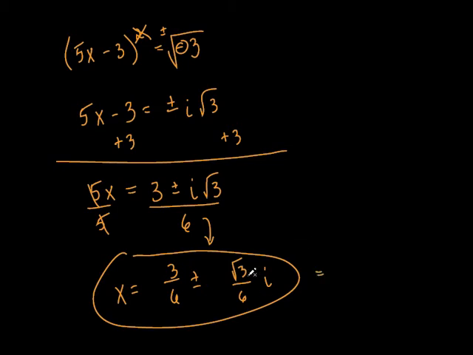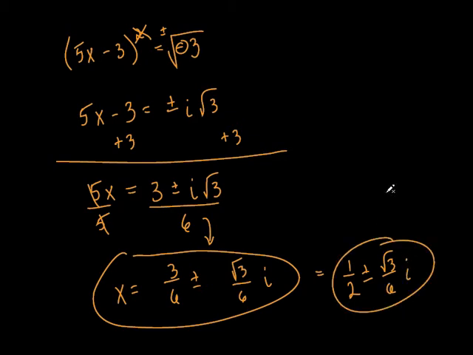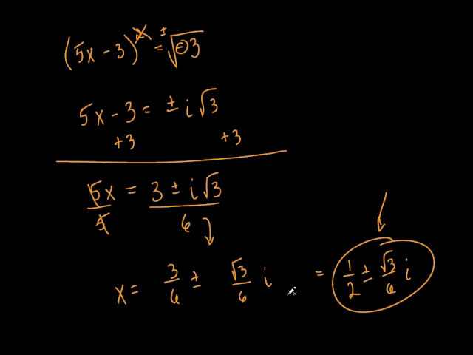So my final, now this won't simplify, nothing will happen there, because that's a square root of 3, but this will. So what is it? It's 1/2 plus or minus square root of 3 over 6 i. Everybody see that? So that would be the way to write it, not like this, if that was a 6 and not a 5. Got it? So it's good to think about breaking it up, because sometimes it will simplify a little bit more, and you need to simplify it as far as it'll go.